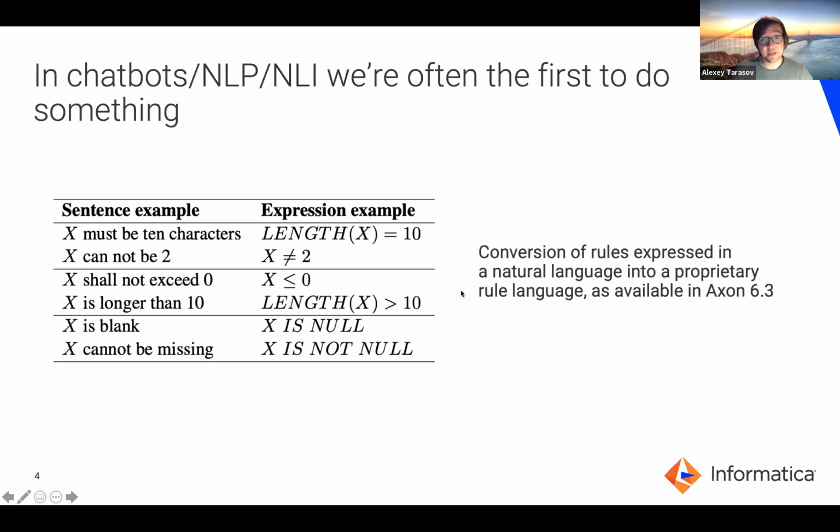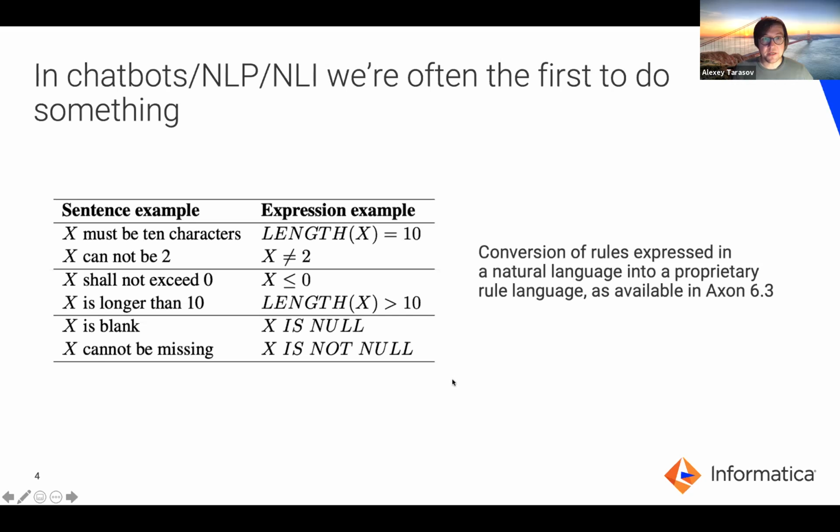And especially in this kind of area, that's why I thought this topic might be interesting for the chatbot community. When we're doing something related to chatbots or natural language interfaces, we often are the first to do some task. So it's not that we can go on the web and just get gigabytes of data. We have to do something ourselves, and it's usually a problem.